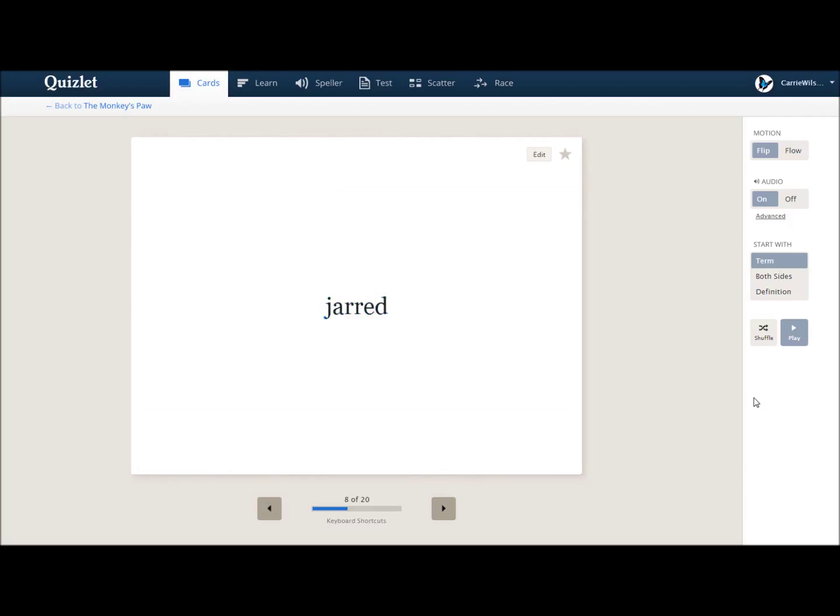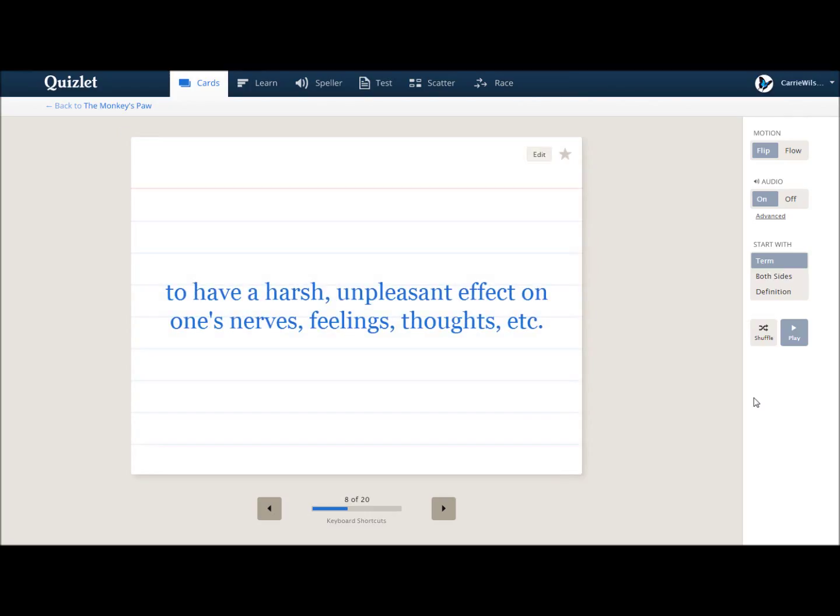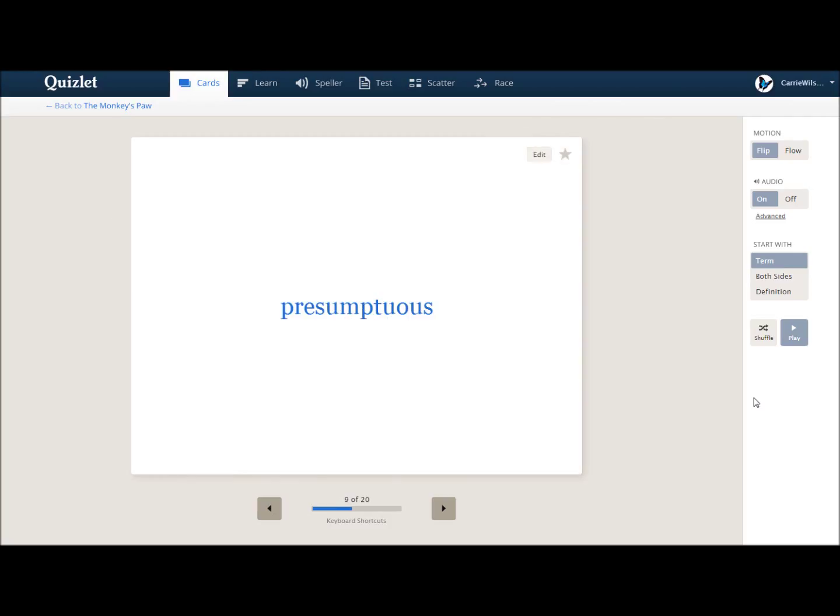jarred. To have a harsh, unpleasant effect on one's nerves, feelings, thoughts, etc. Presumptuous. Unwarranted or impertinent boldness. Fancy. A caprice, whim, vagary. Doggedly.